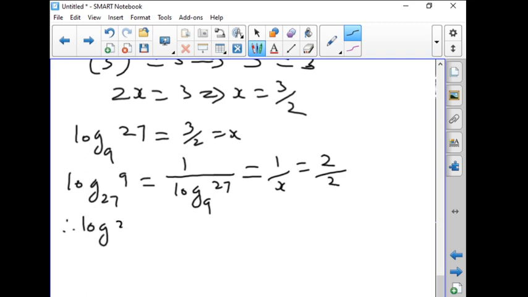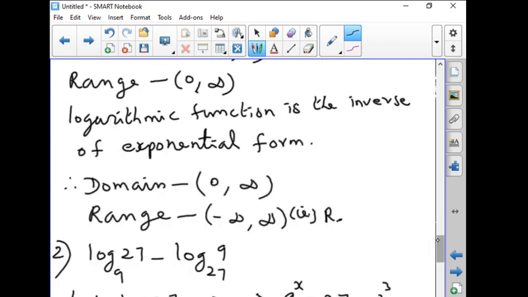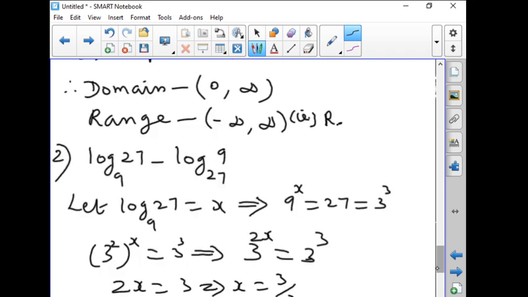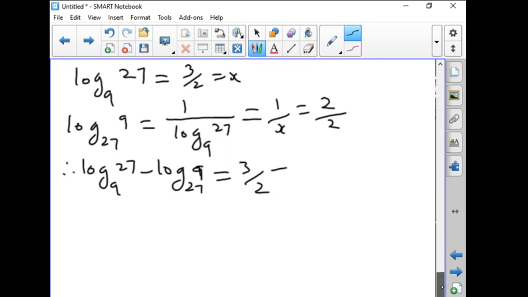Therefore, log 27 to the base 9 minus log 9 to the base 27 is equal to 3 by 2 minus 2 by 3.